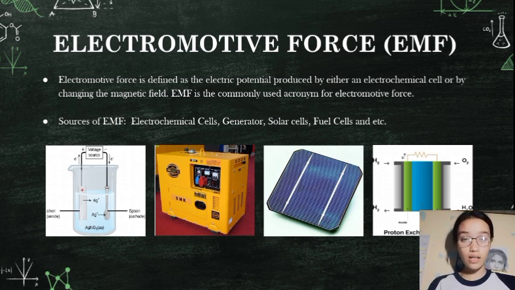So these electrochemical cells, like batteries, convert chemical energy into electrical energy through chemical reactions occurring at the electrodes. So other examples are generators. This device utilizes mechanical energy, typically from rotating coils in a magnetic field, to produce electrical energy. So solar cells also, the photovoltaic cells, convert light energy into electrical energy through the photoelectric effect. So other examples are fuel cells and thermocouples that convert chemical energy into electrical energy.